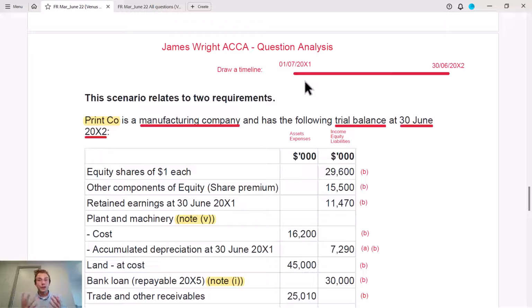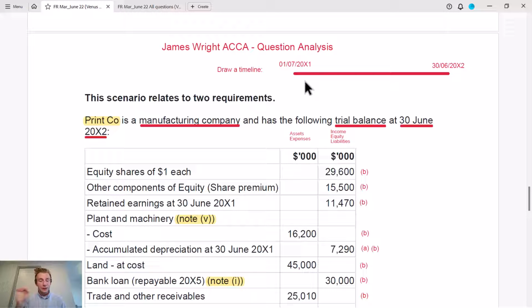From the requirement, we were told straight away that the 30th of June 2002 is the year end. So in my mind, the 1st of July 2001 is going to be my first day of the year, and that is absolutely critical, as I need to be checking what happened before the start of the accounting period and also afterwards.